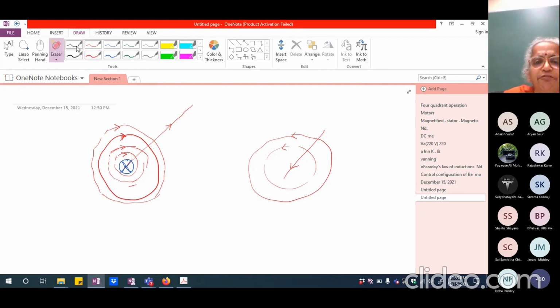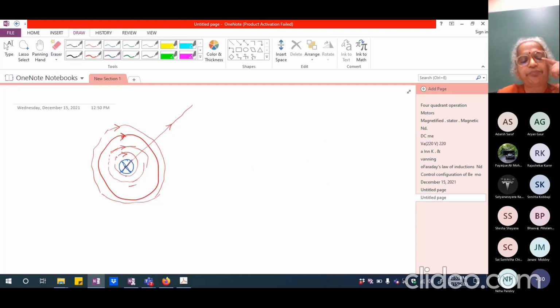But if I assume that only one conductor is carrying current, and if I want to see what kind of flux I'm going to have at 1 meter distance from here. Magnetic flux is always measured in Webers.